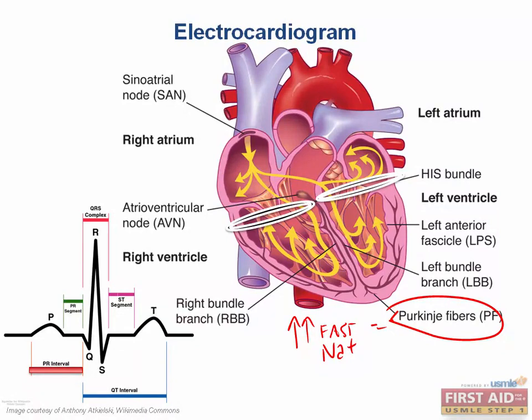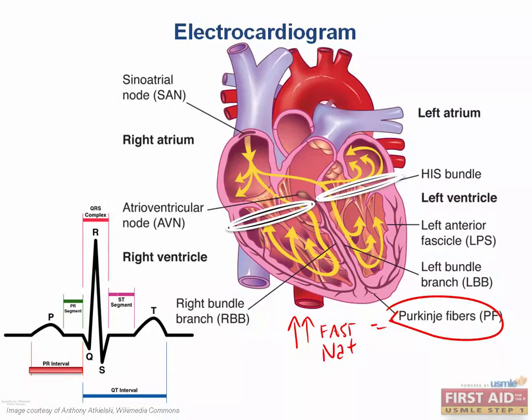It is certainly not a coincidence that the fastest conducting cells in the heart, the Purkinje fibers, have the highest concentration and number of these fast sodium channels. You have a bunch of channels that conduct sodium very quickly across the membrane, which means you have the fastest conductance in the heart.